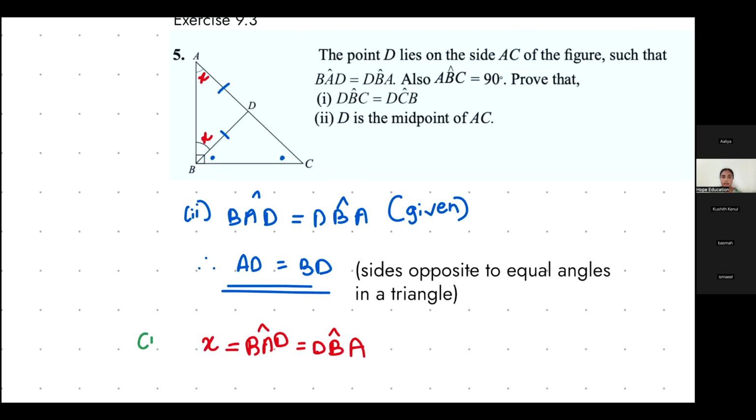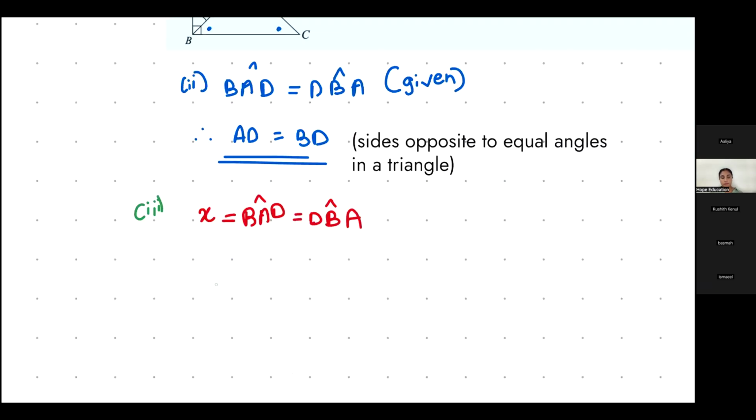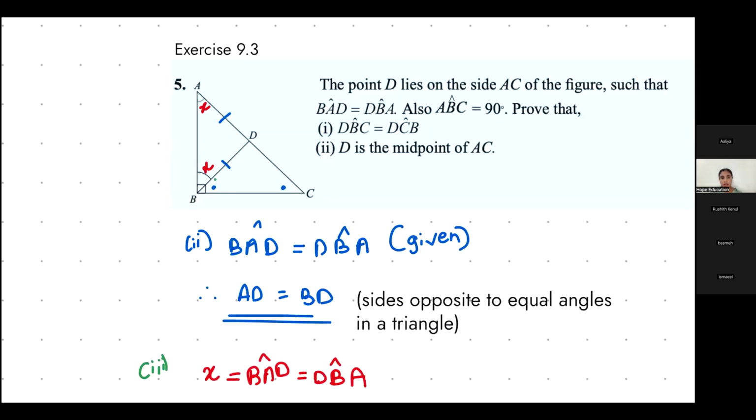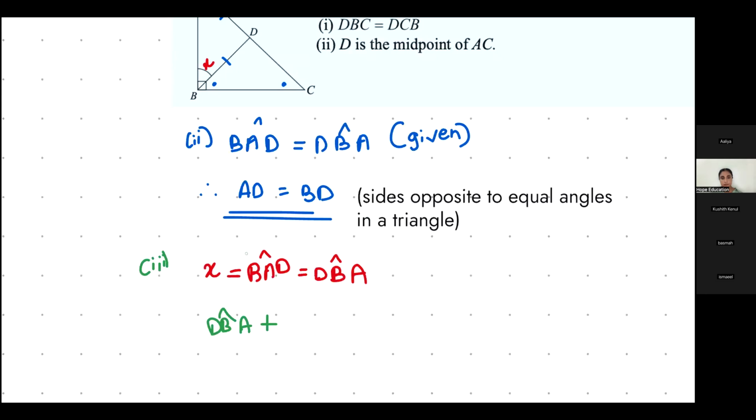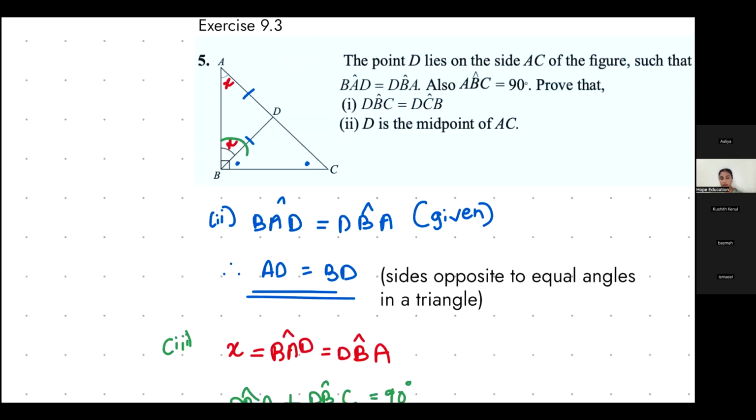If you look at this particular case, DBA plus DBC equals 90 degrees, because we can see that it is a 90-degree angle.